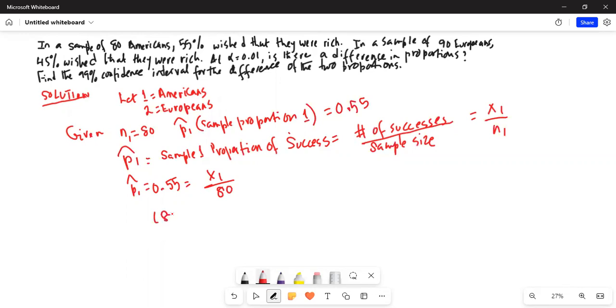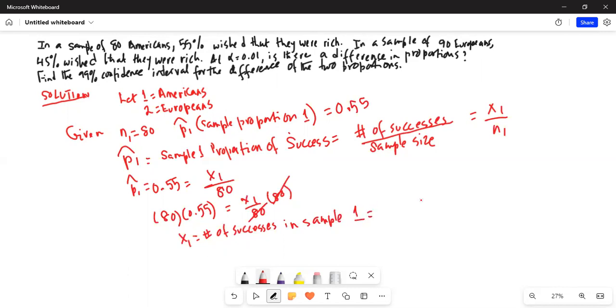Now we multiply by 80 on both sides to solve for X1. The 80 cancels, and X1, the number of successes in sample 1, is equal to 80 times 0.55, which is 44.